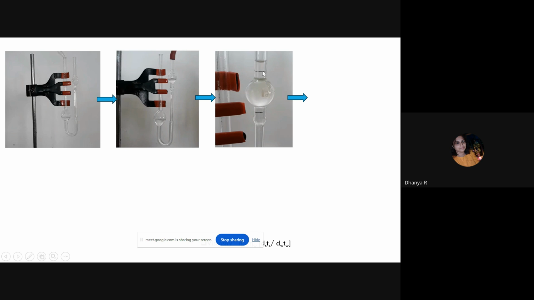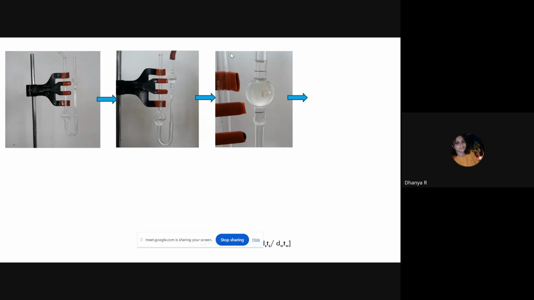When the water reaches the mark A, you have to start the stopwatch and note the time taken by it to travel from this point A to point B. So you have to suck the water well above the mark A, then you have to wait till it comes to the point A or the upper mark.